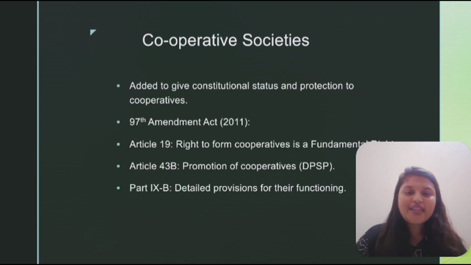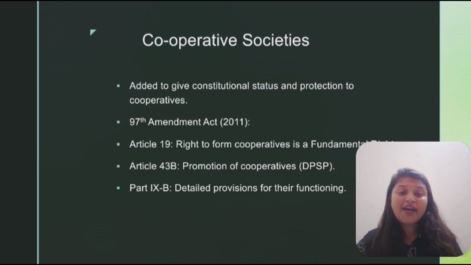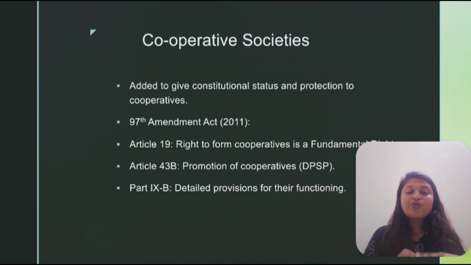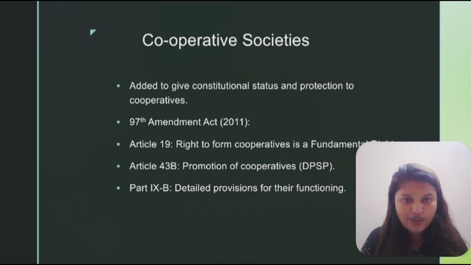Right, going on with the next salient feature, it is cooperative societies. It is not an original feature that we had in our Constitution in 1950. It was added by the 97th Amendment in the year 2011, where formation of cooperative societies became a fundamental right under Article 19 of the Constitution.